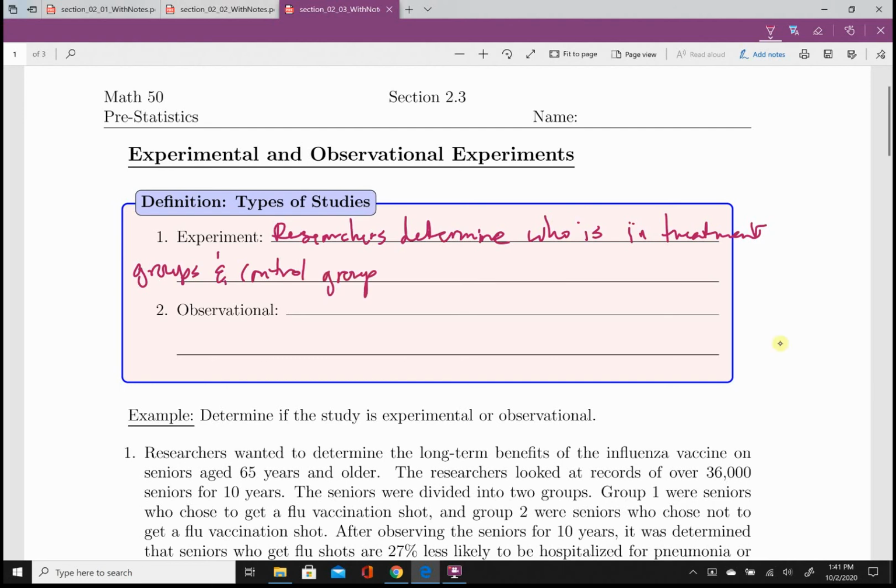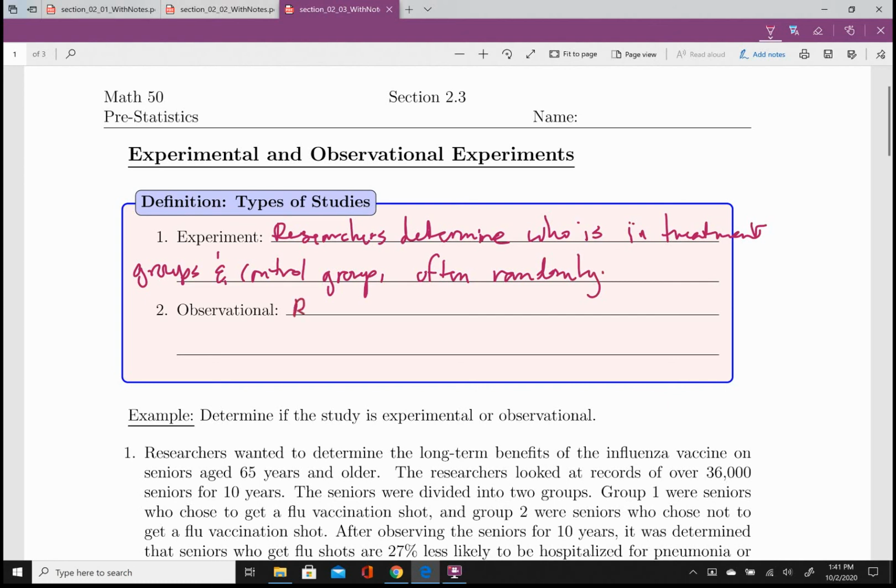So this is an and symbol right there. That's some shorthand for the word and. Often by using random assignment, I'll say often randomly. Whereas in an observational study, researchers do not determine which individuals are in the treatment groups and the control group.